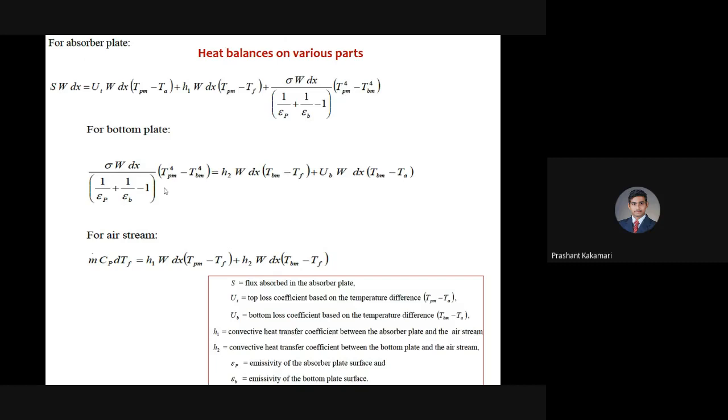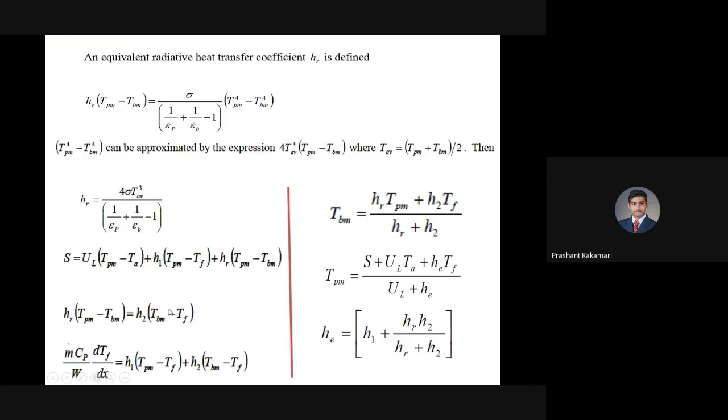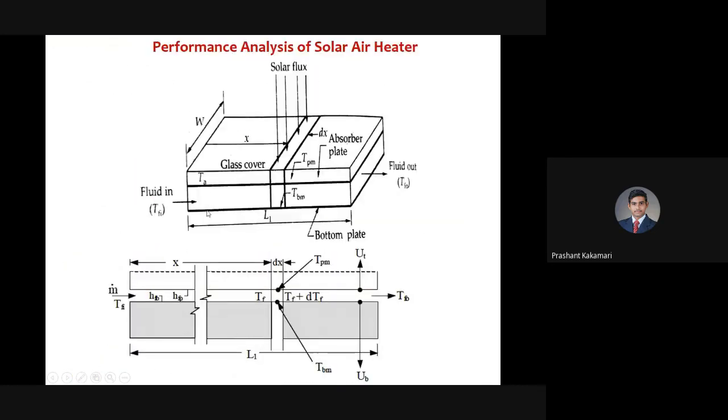And as I told you, on the left side I can take the energy gained, and on the right side I will write the energy lost. Now, energy lost from the bottom plate is in two forms. Where is it losing the energy? One is at the bottom, to the insulation part. It is losing very negligible heat there.